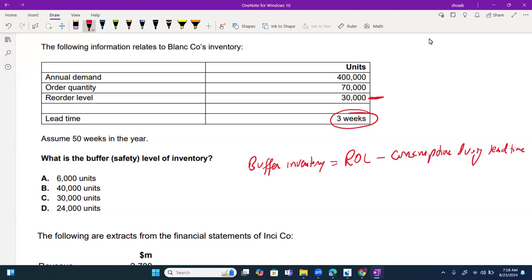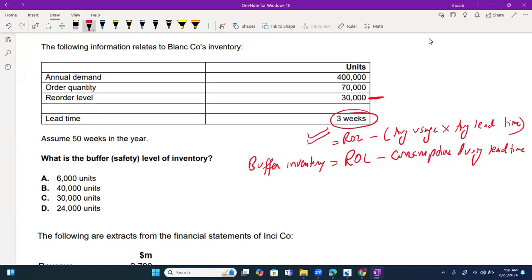We also call it reorder level minus average usage into average lead time. Many of you will obviously recall this formula.